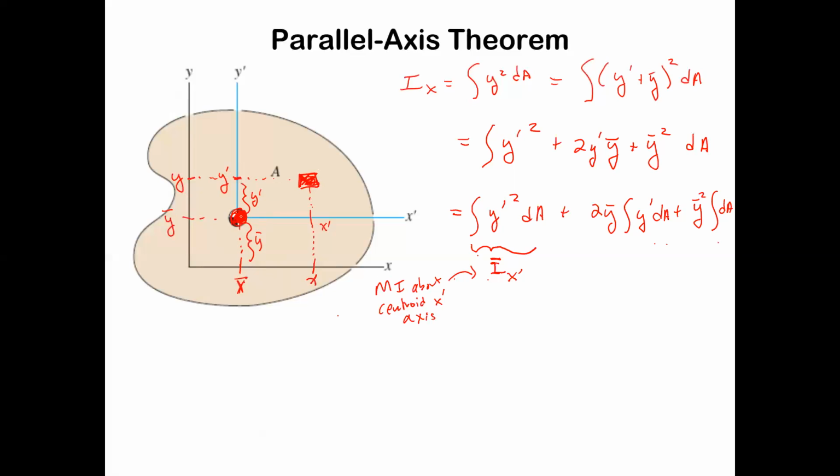So I x prime bar is the first integral, and 2y bar times the integral of y prime dA. Well, the integral of y prime dA is basically going to give us y bar a. I didn't want to include the 2y bar.